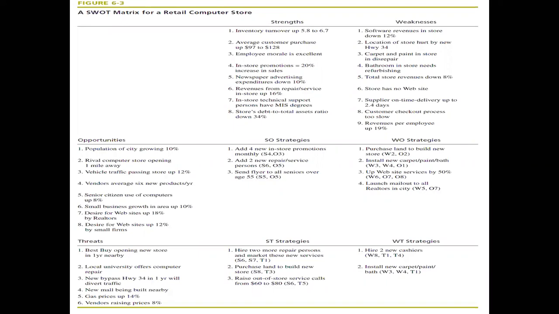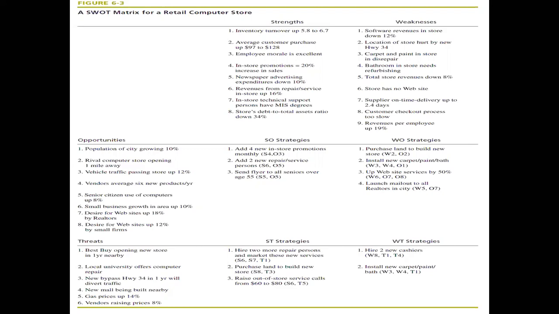Now the third opportunity was vehicle traffic passing store up 12%, and the strength was in-store promotion is equal to 20% increase in sales, and the SO option we have is add 4 new in-store promotions monthly.